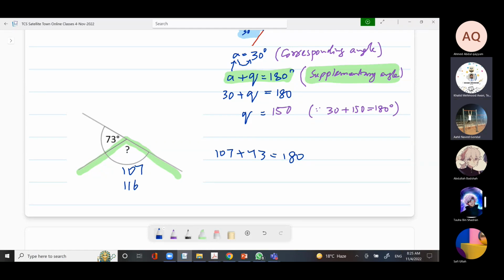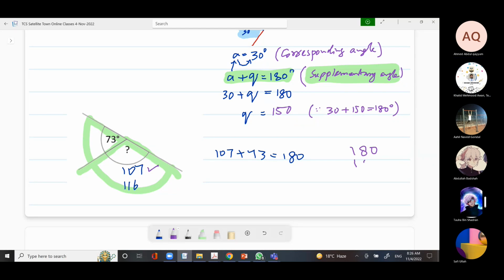We know that the straight line angle is 180 degrees. So now, if we take that 107 is right, we'll be subtracting 107 from 180. Then we'll get the next number. So 0 minus 7 is not possible.